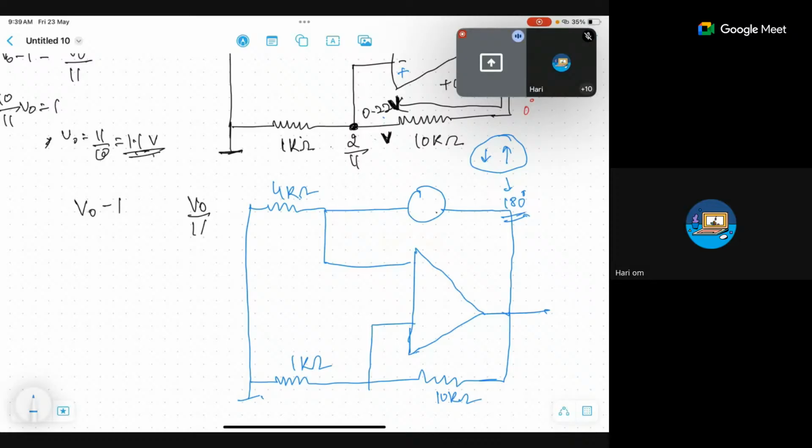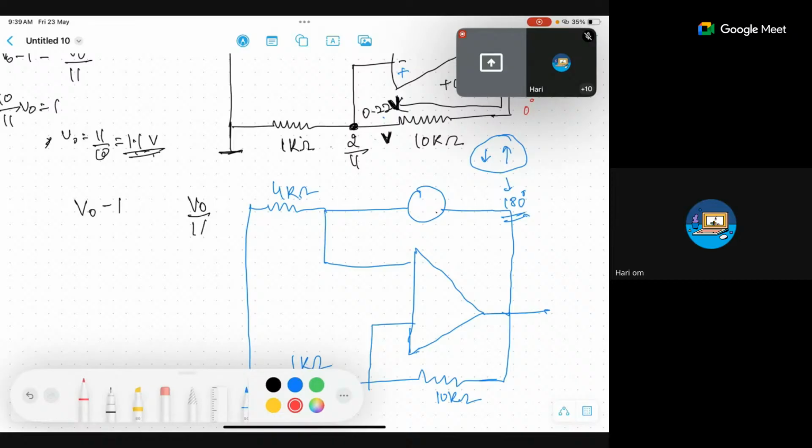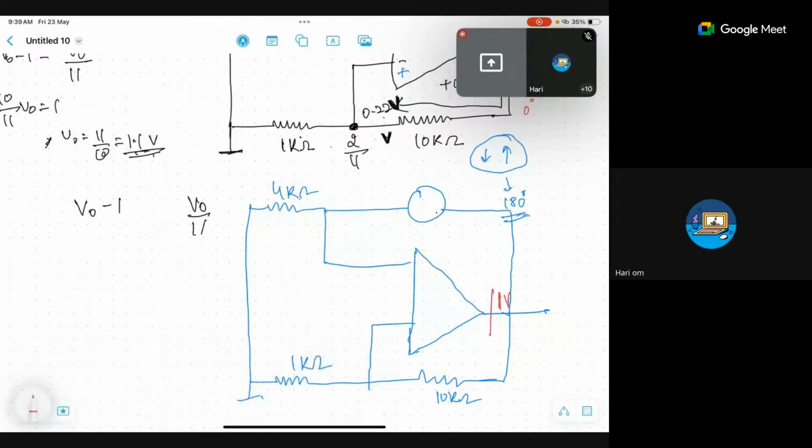Okay, if I increase 1 volt here, so here we are getting 0 volt. Here we are getting 1 by 11 volt.